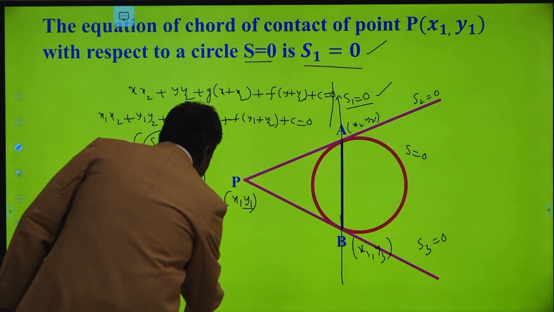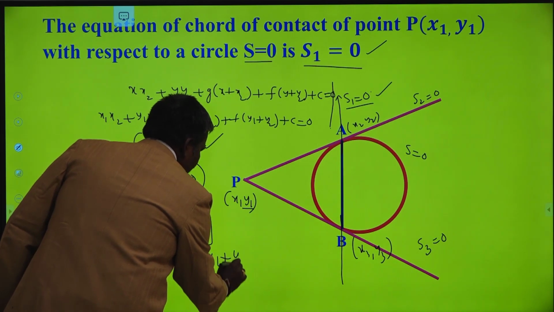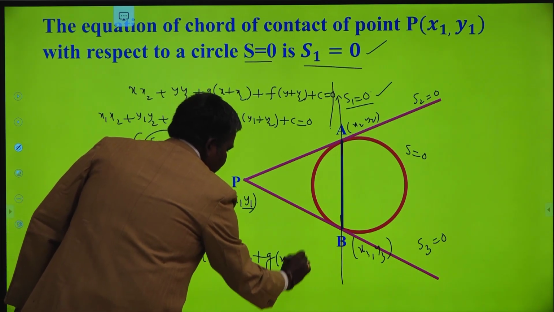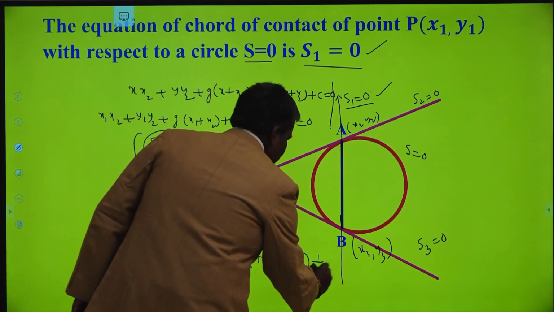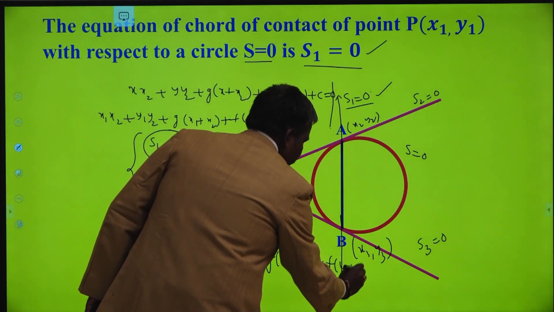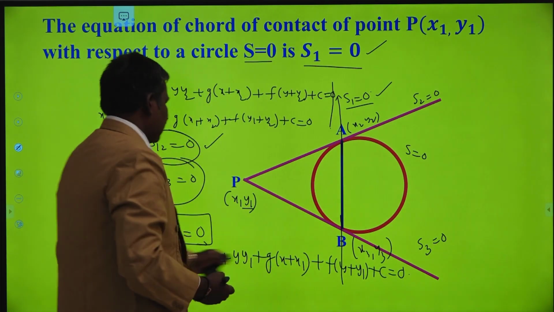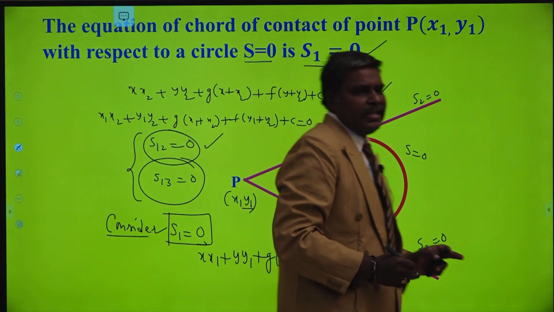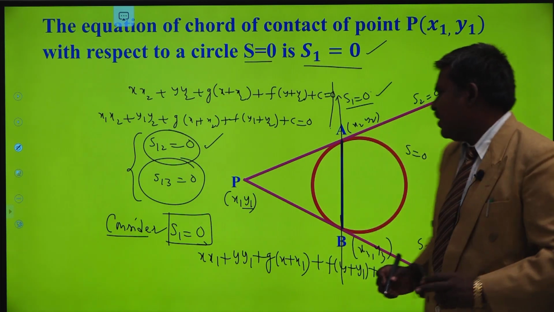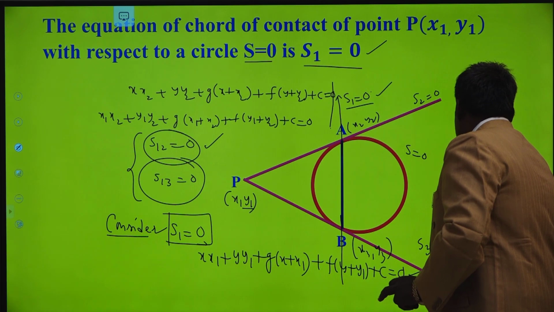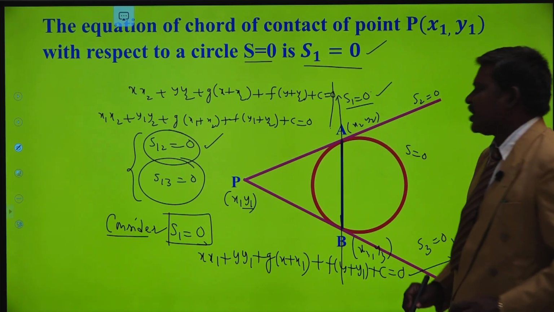S1 means x x1 + y y1 + g(x + x1) + f(y + y1) + c = 0. This is S1 = 0. Clearly it is a linear equation in x and y, and it always represents a straight line.